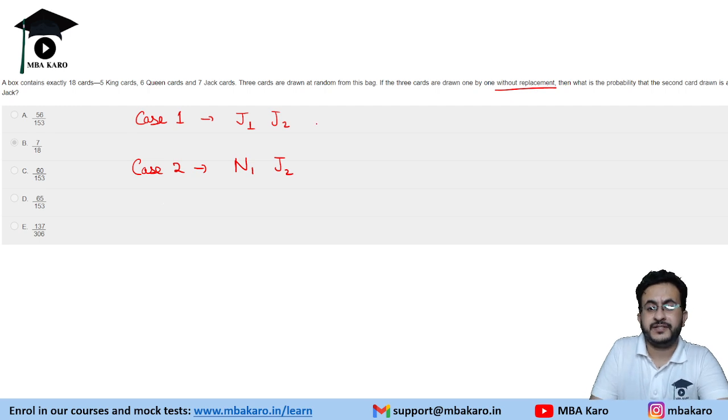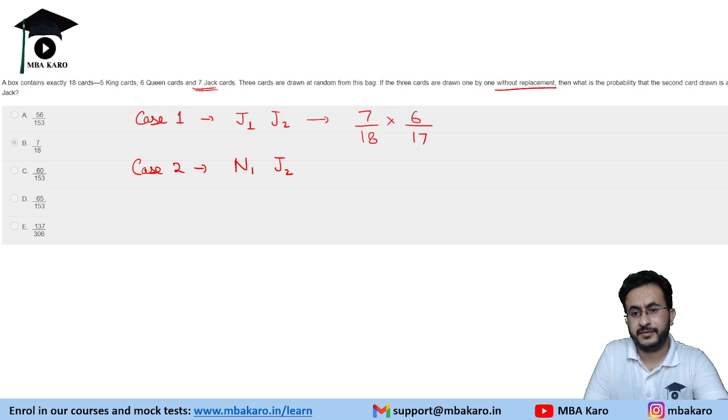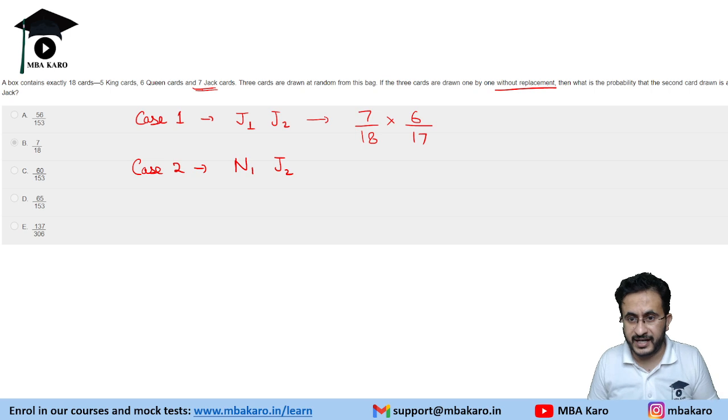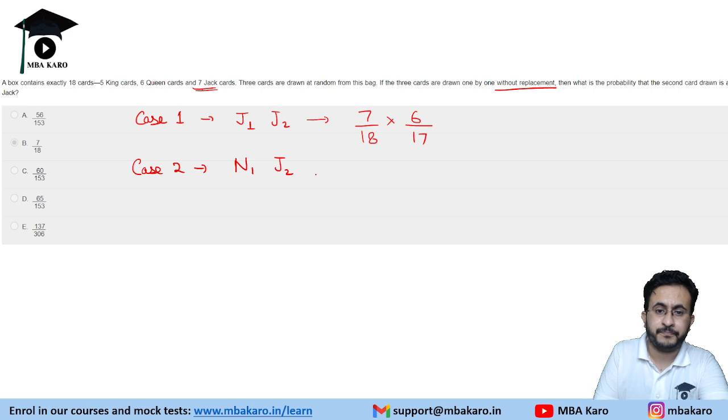In the first case, the first card getting jack is 7 jack cards, 7 by 18. Now one card is picked. Now we have to pick the second card. So we have 17 cards left, and the probability of getting a jack will be 6 by 17, because the first card is jack and one card is removed, so 6 jacks are left.